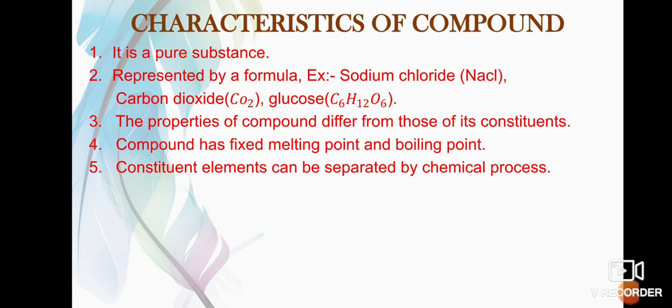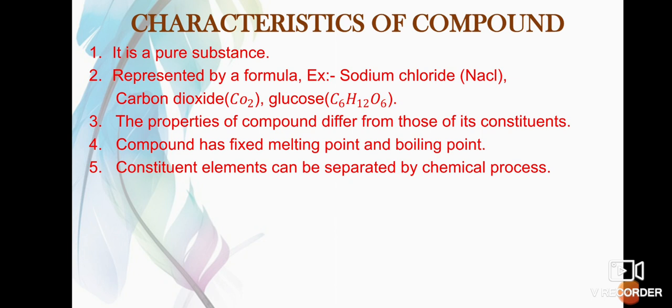Now I have told you the chemical name of salt, NaCl, carbon dioxide, CO2, and glucose. So this is the formula for glucose, that is C6H12O6. Like this, the compounds are represented by formulas.